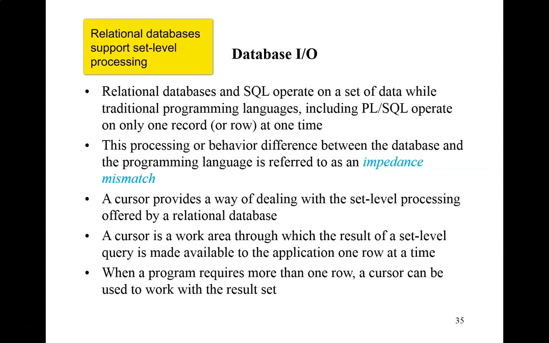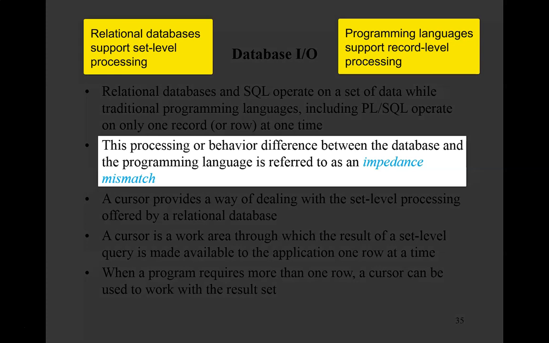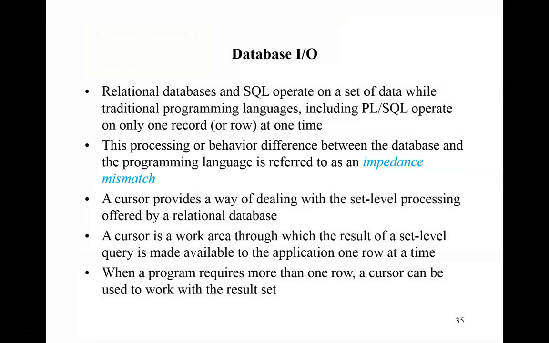Relational databases and SQL operate on a set of data, set-level processing, while traditional programming languages, including PL/SQL, operate on only one record or one row at a time, record-level processing. This processing or behavior difference between the database and the programming language is referred to as an impedance mismatch.